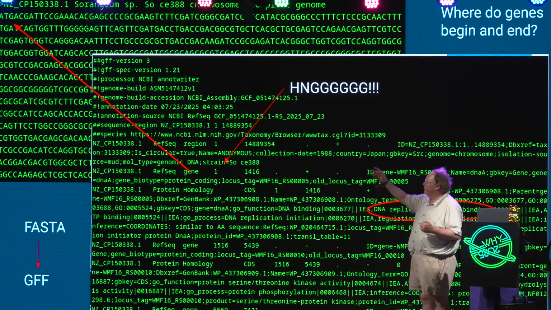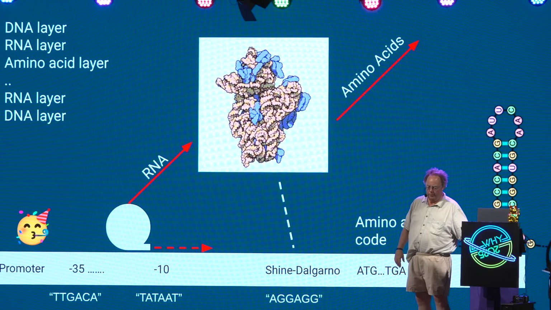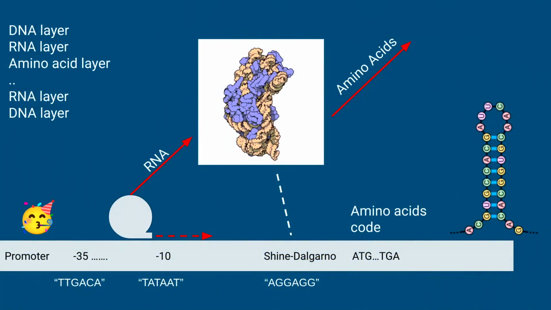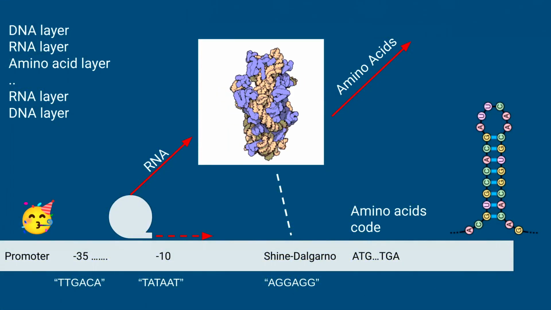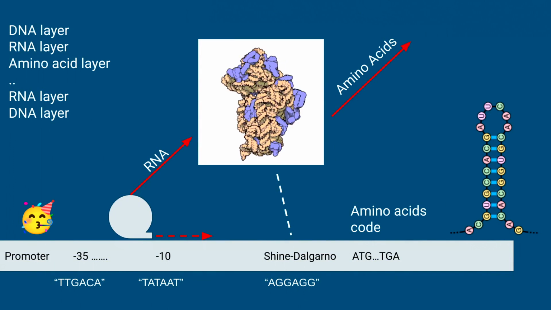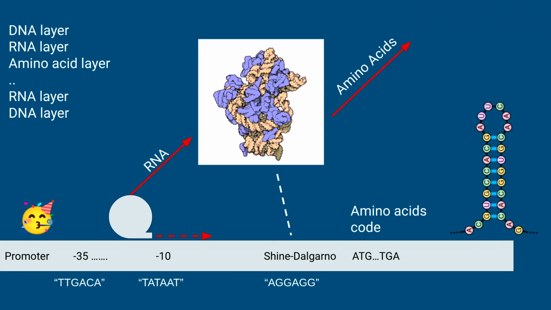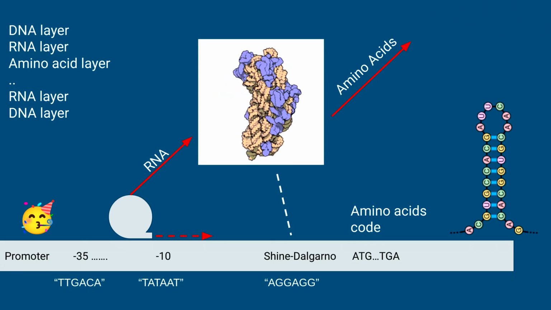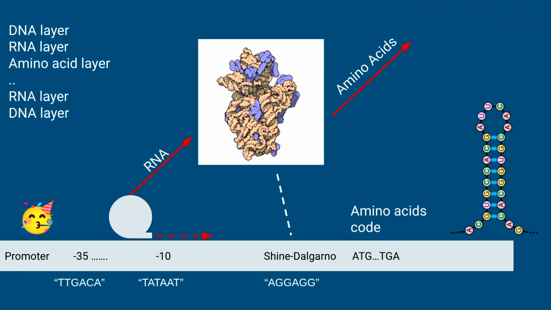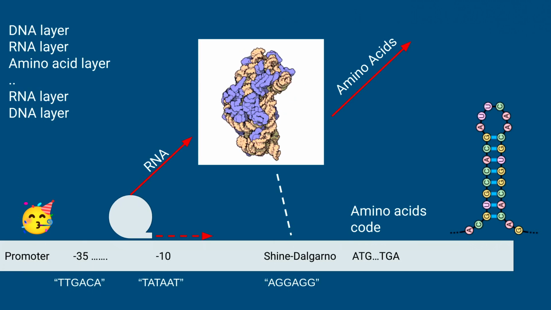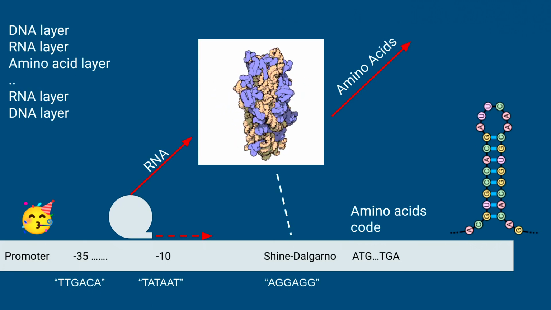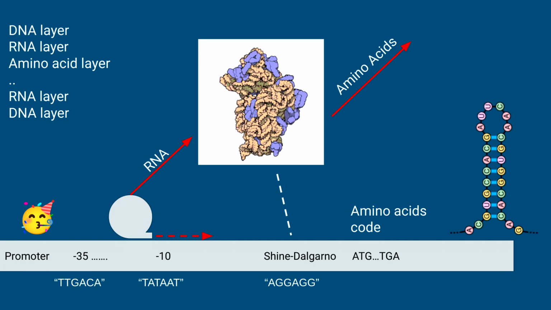So, there is a piece of software that does this analysis for you. And what it does, it looks at DNA, and there are some magic strings in there. For example, TTGACA and TATAAT, sort of a happy announcement of a new gene. And these letters have to be there because then the cell mechanism knows, okay, a new gene is beginning.